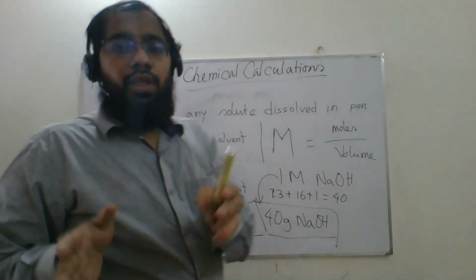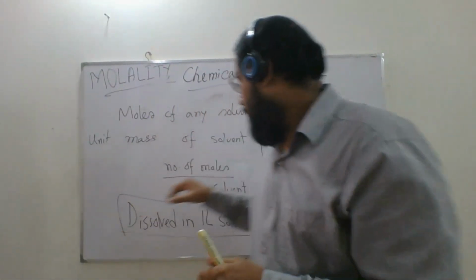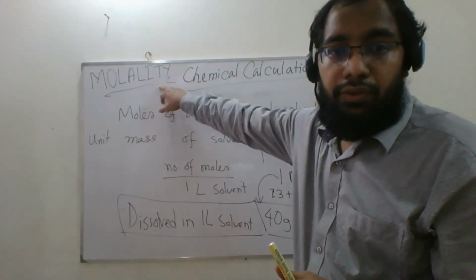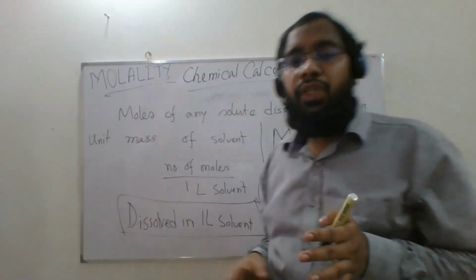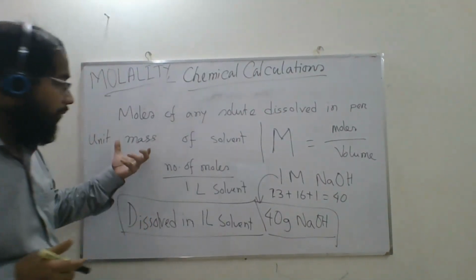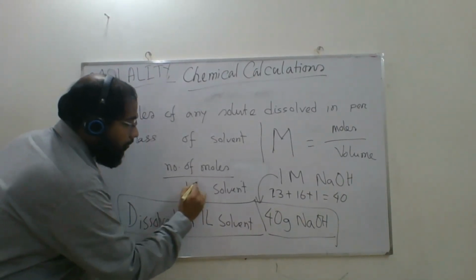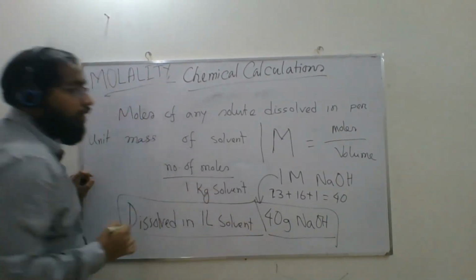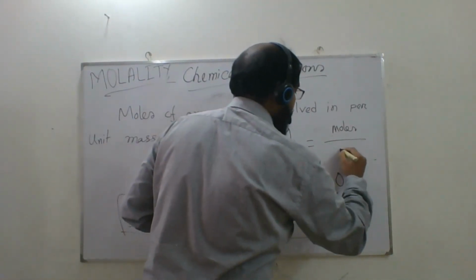If we exchange volume with mass, then we obtain molality. So in molarity we use volume of the solvent, but in molality we use mass of the solvent, so we write 1 kg solvent.